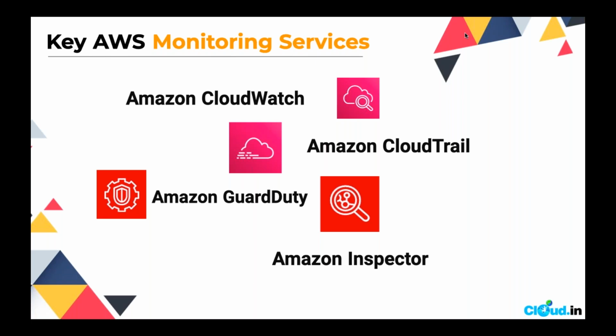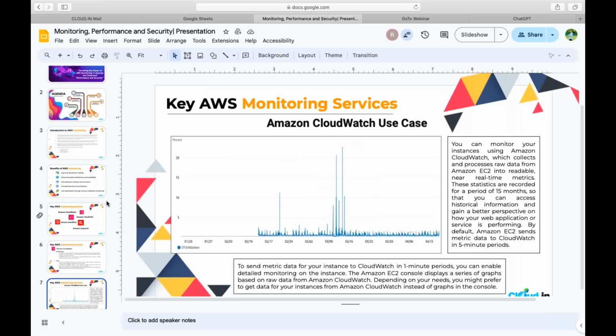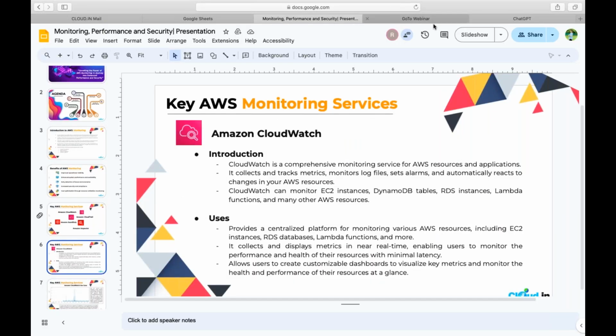Inspector basically checks your cloud for any weak spots that could be exploited, and then it helps to find and fix any vulnerabilities to keep the cloud safe. So these are all the services that come under AWS monitoring. And from here on, I hand it over to Siddhi to carry forward the AWS monitoring services in detail.